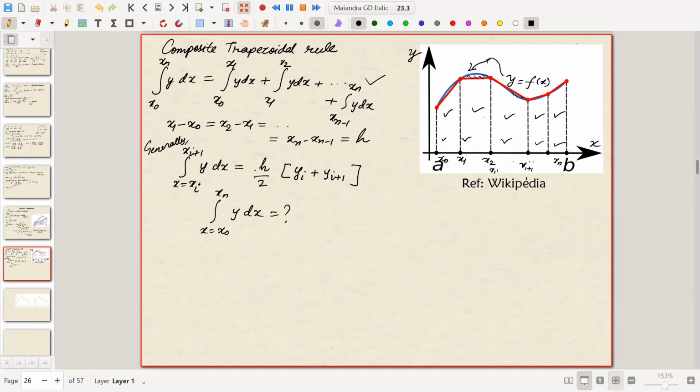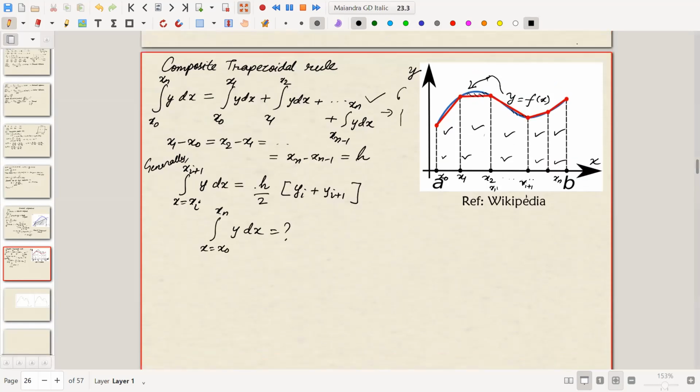So you can apply this equation number 1. x0 to x1 y dx will be h over 2 times y0 plus y1, plus x1 to x2, h by 2 times y1 plus y2, and so on till plus h by 2 times yn minus 1 plus yn.